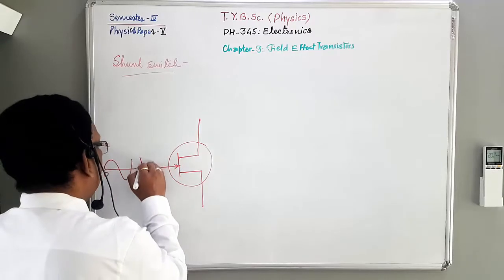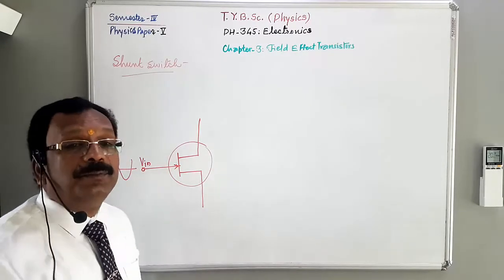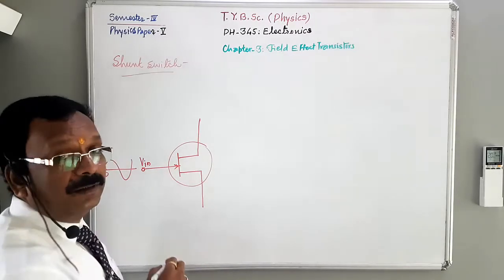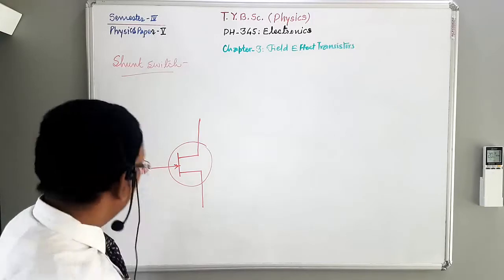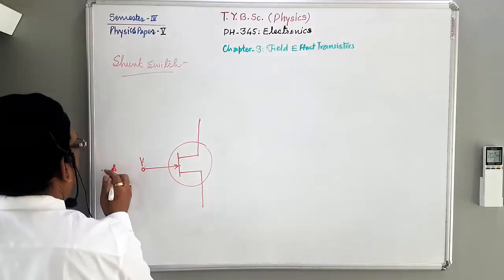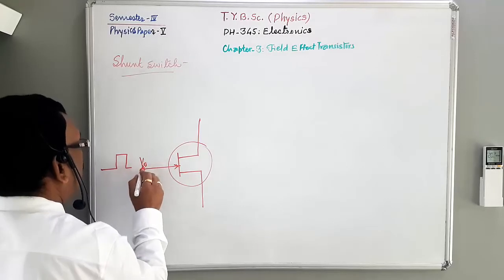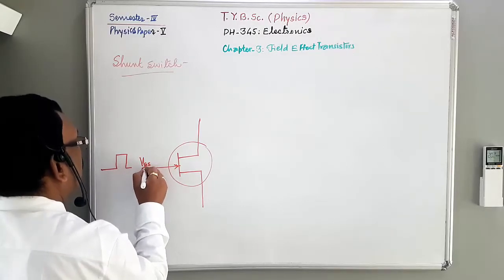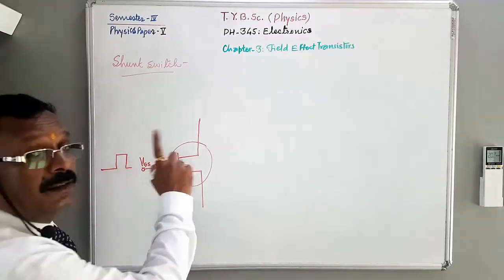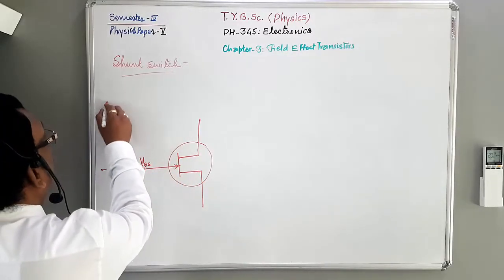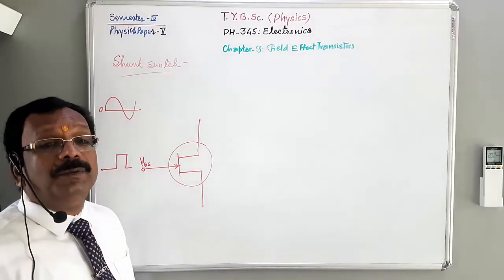Here we give VGS at the gate. And there is a signal, the signal which you would like to input.